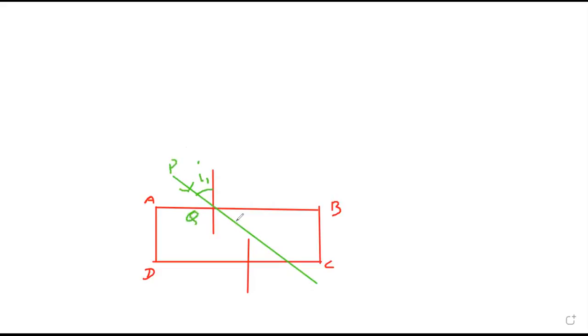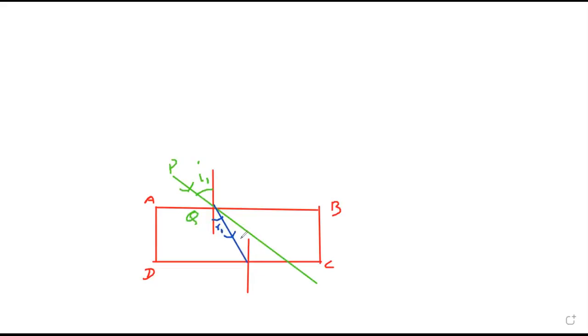Let this be PQ. There will be refraction in the glass slab. This is the refraction in the glass slab, and the angle is R1.